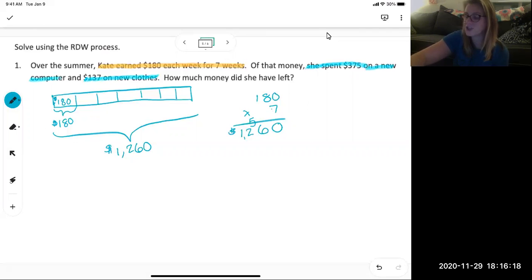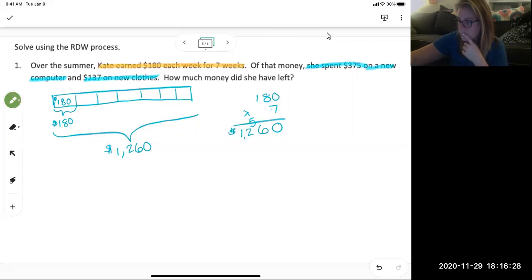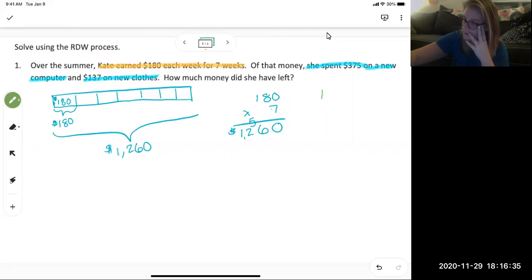So when she's spending money, that means we're taking it away from the amount that she had, correct? So we have $1,260. Okay, and then she spent $375 and $137.